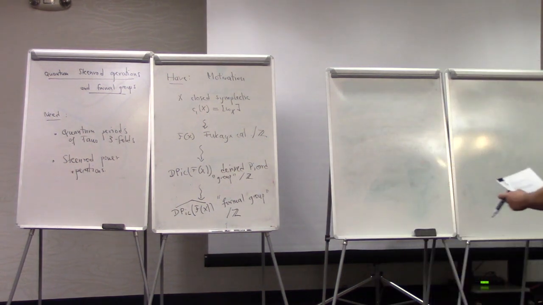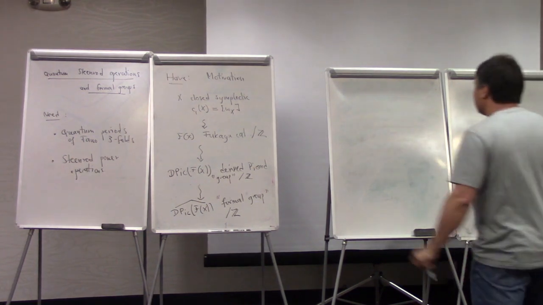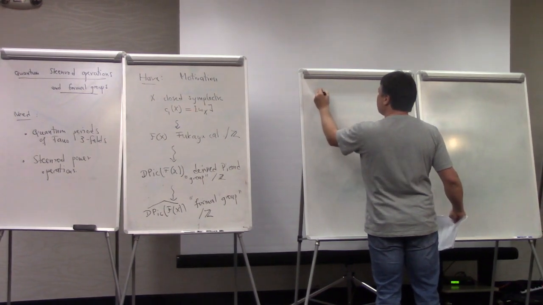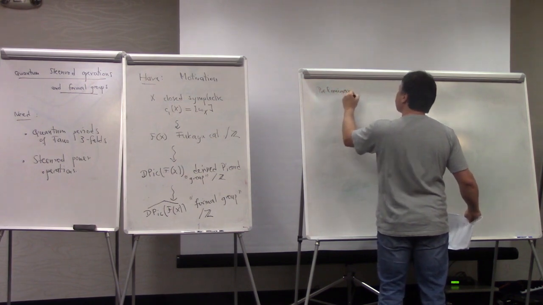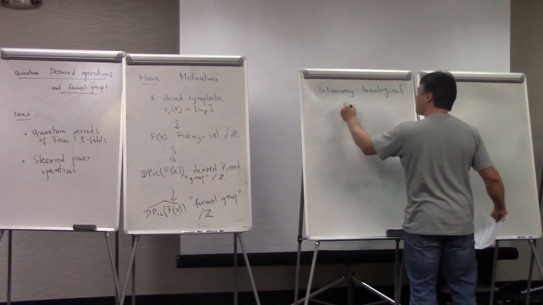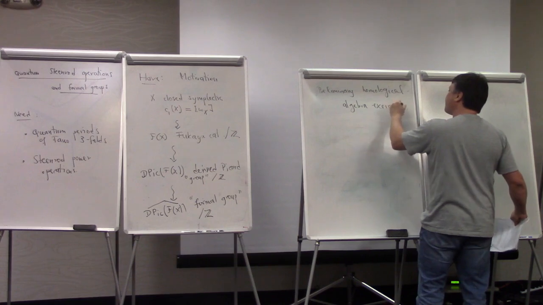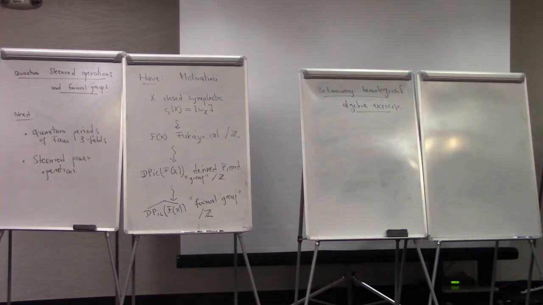Okay? So with that in mind, let me introduce a sort of preliminary homological algebra exercise. This is stuff that I will not be using again, but obviously in a purely algebraic setting you can see things much more easily.